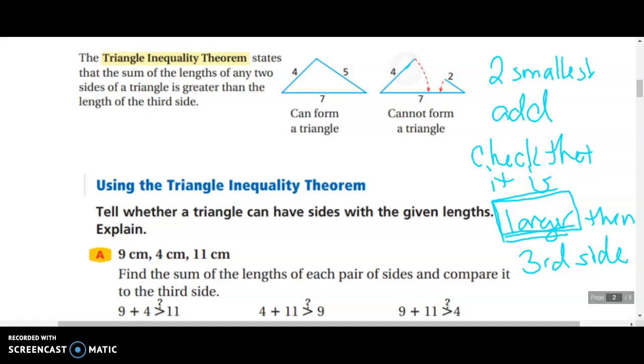If we look at this, which I thought was a really nice way of her showing it when she had that little program, these two sides won't be able to connect because, if this is inches, there'll be a 1 inch gap between them. Even if this side was 3, 4 plus 3 adds to 7, but in order for them to touch, they would have to fall all the way down onto this line, and therefore it wouldn't be a triangle because the lines would be overlapping.